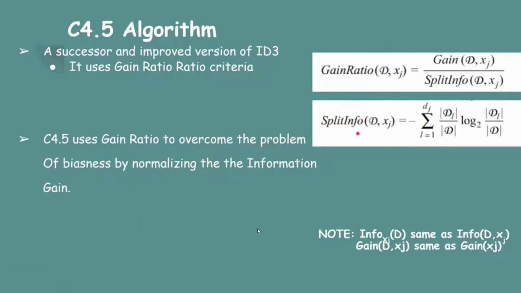What is in split info? Split info of feature xj in the data set is defined as minus the summation of the number of samples of a particular outcome L of an attribute in the data set, divided by the total number of samples in the data set, times the log of this whole value that we just found, base 2.